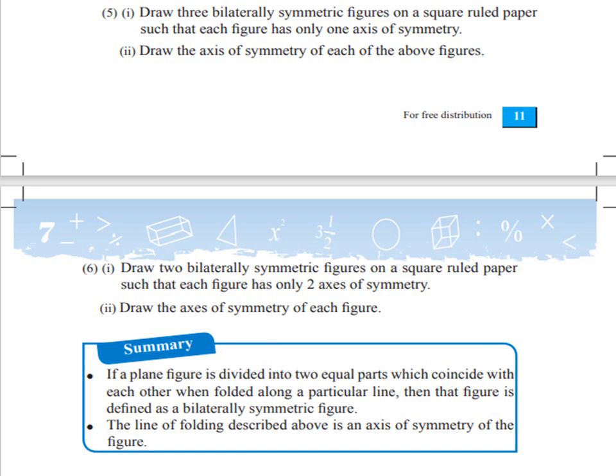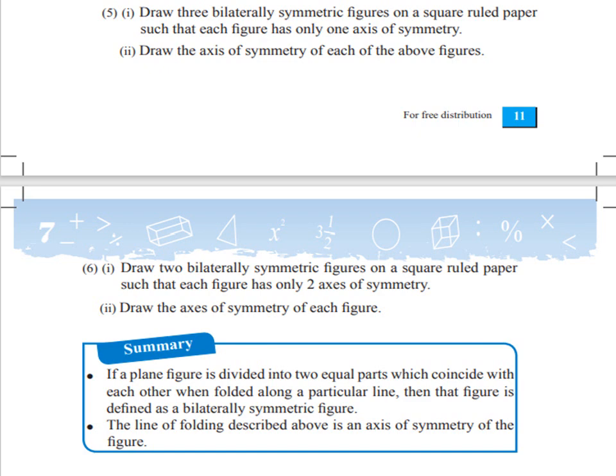So guys, over here I will read you once again. If a plane figure is divided into two equal parts which coincide with each other when folded along a particular line, then that figure is defined as a bilateral symmetric figure. The line of folding described above is an axis of symmetry of the figure.